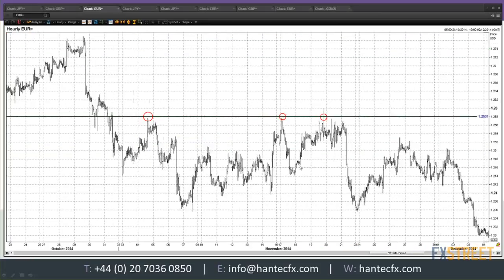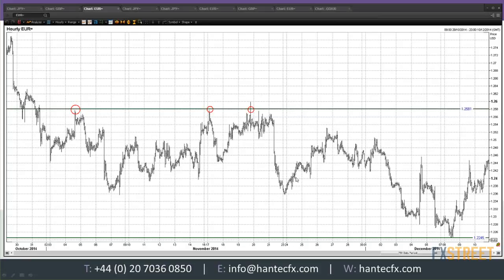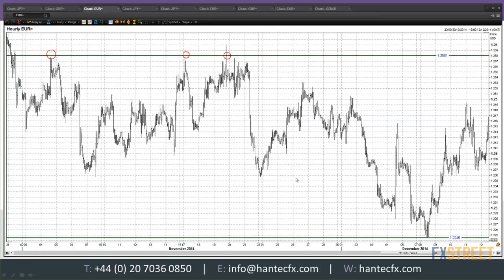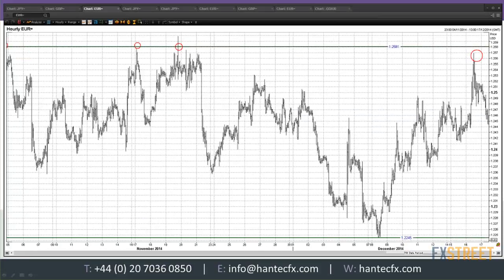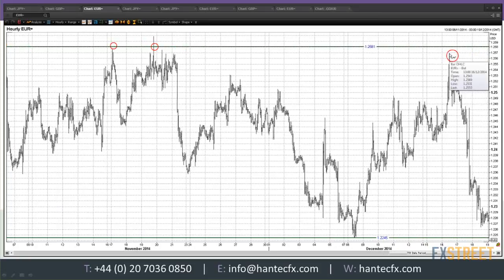Very interesting. And there's another one, even in mid-to-late December: you could argue that peak of 25.70, 10 pips below 25.80, certainly looks to have been a basis of resistance.